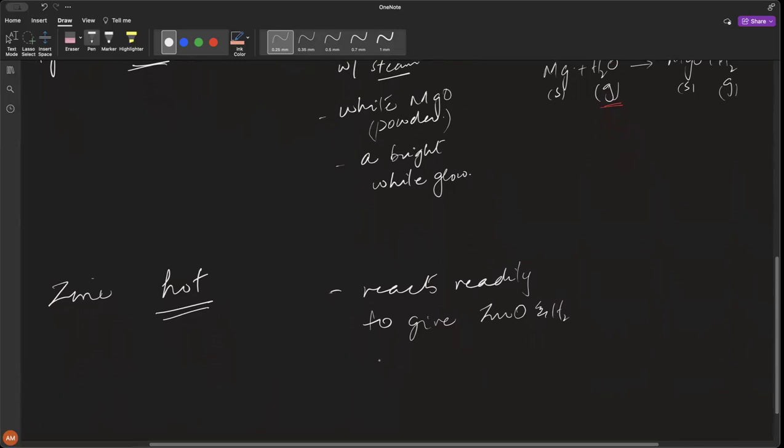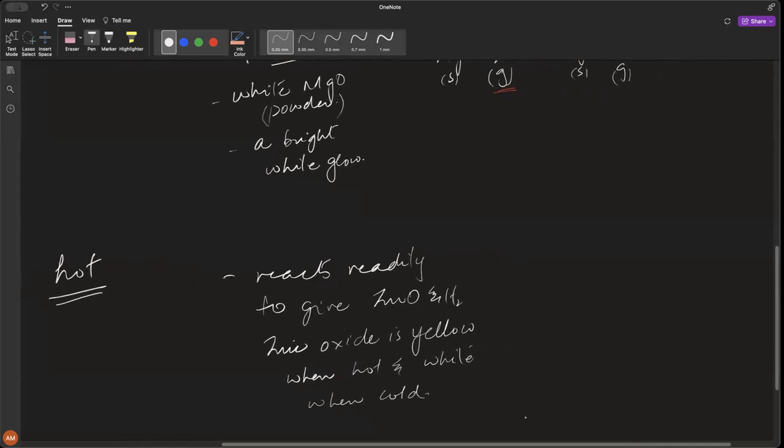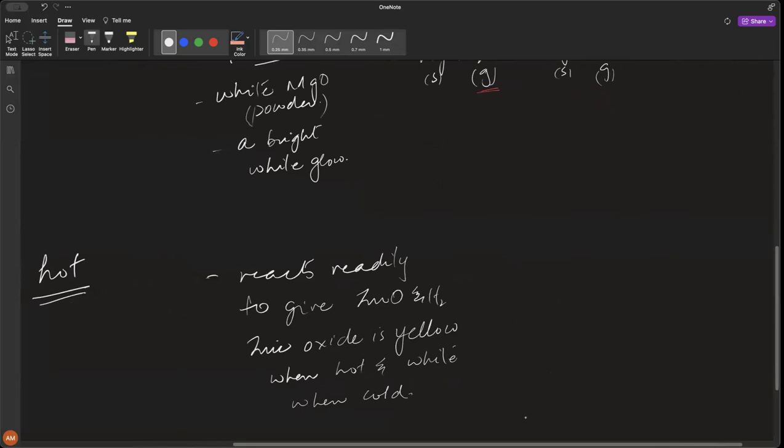Zinc oxide is yellow when hot and white when cold. Important information, okay? But we do not see any flames or anything like that. So what is the reaction?